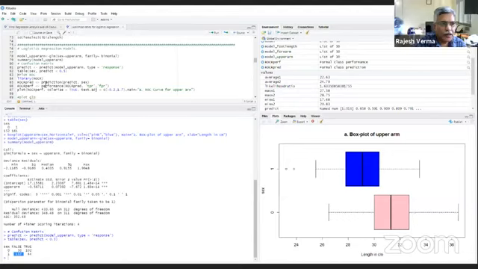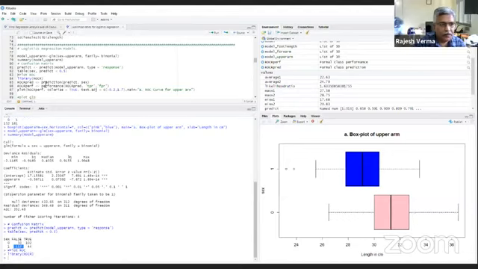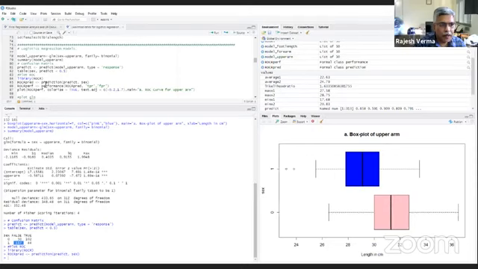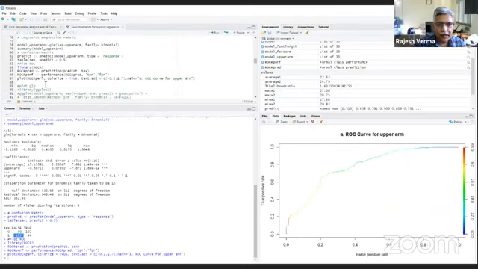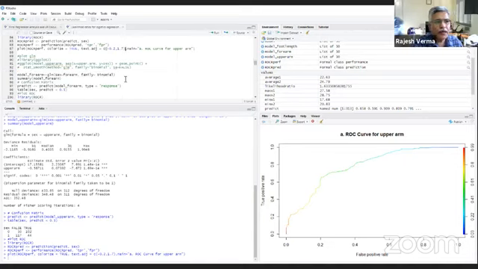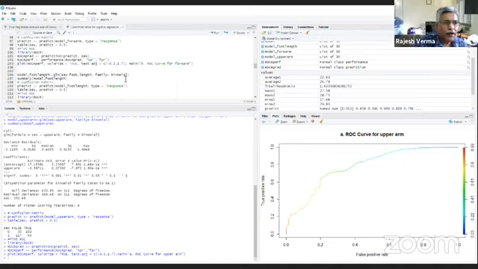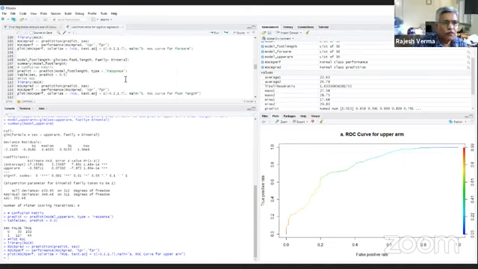Now we will plot the ROC curve, and this is the ROC curve. You see that this is not a very good curve, and it does not classify very well. But I will take up another model where we use the foot length of the person.